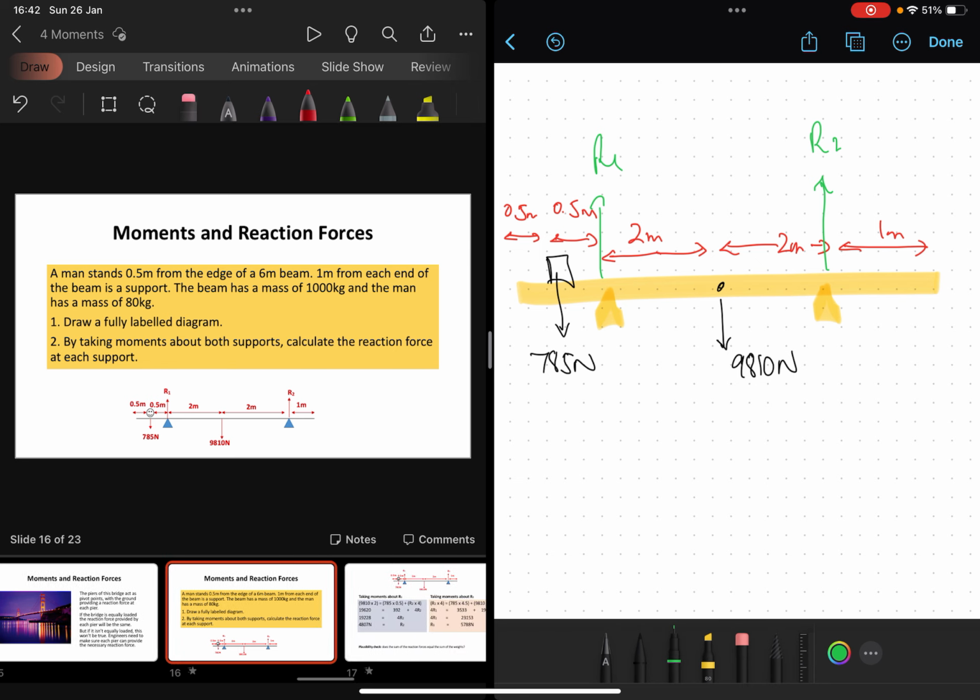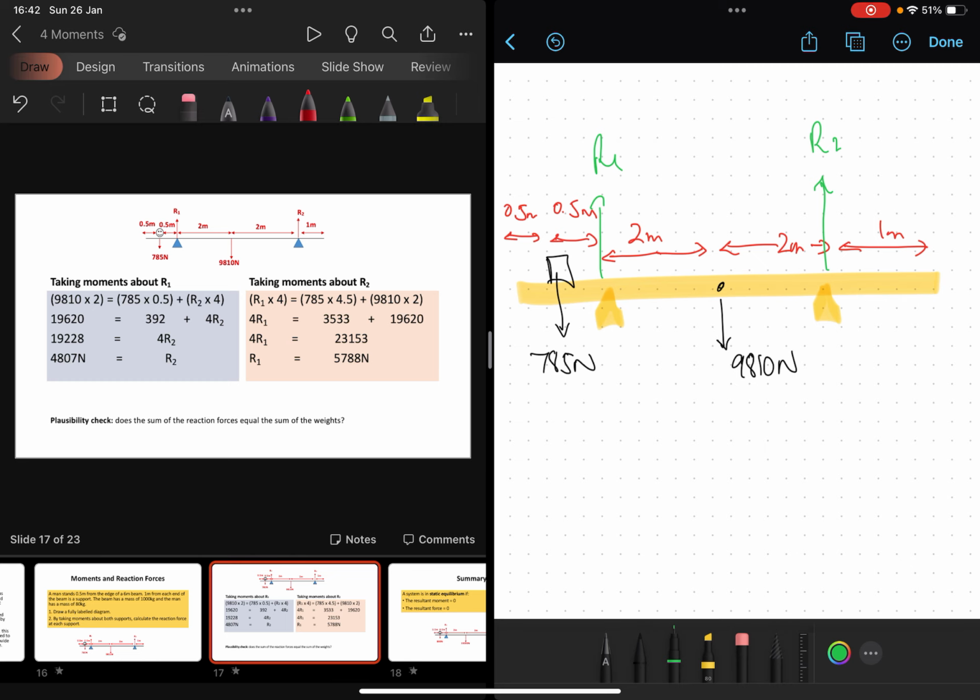So how do we go about this? We split this up into two separate calculations, and we do something we call taking moments about. We're going to take moments about R1, which basically means let's think about what's happening at R1 and ignore what's happening at R2 for a moment.